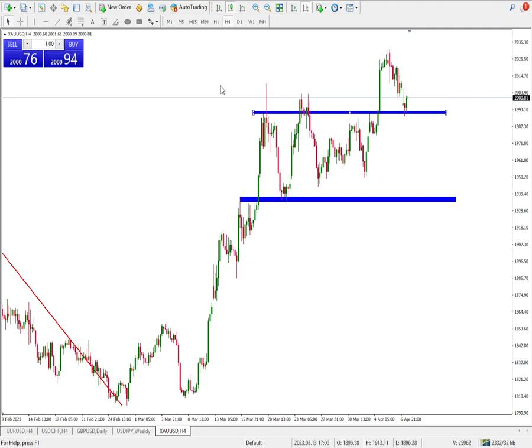See, and this break of structure is followed by Fibonacci. Let me do it really quickly.